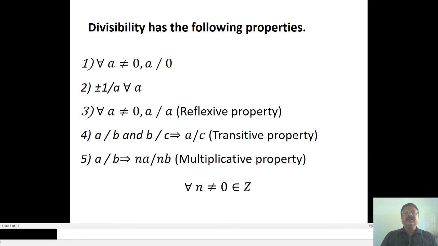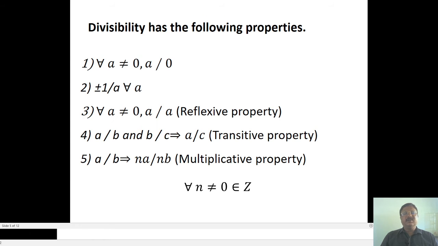Now the divisibility has the following properties. Number 1, for every a not equal to 0, a divides 0. Number 2, plus or minus 1 divides a for every a. Number 3, for a not equal to 0, a divides a, that is reflexive property. Fourth, a divides b and b divides c imply a divides c, transitive property.